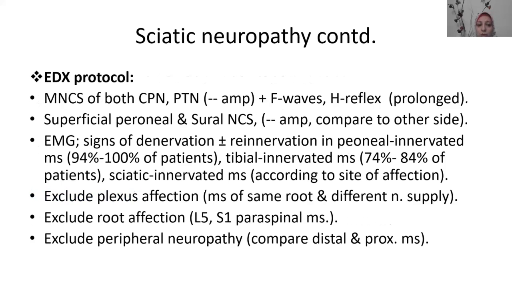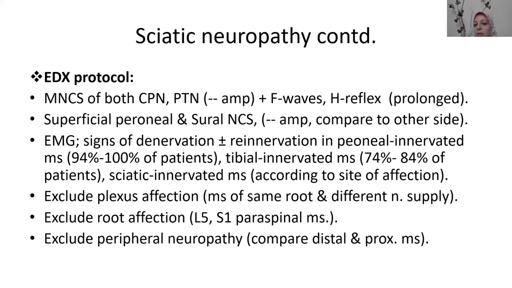What's the electrophysiological protocol for sciatic neuropathy? We will do a motor nerve conduction study of both the peroneal and tibial nerves and search for reduction of amplitude, and do it bilaterally to compare to the normal unaffected side. We will also do F wave from the peroneal and tibial nerves, and we'll do H reflex.